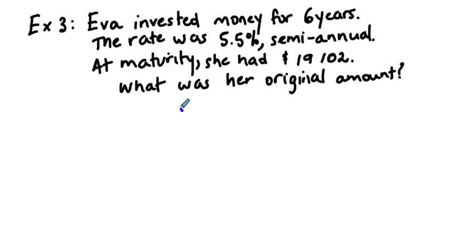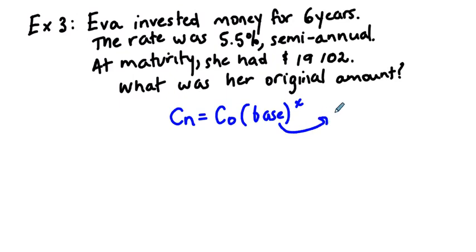Okay, so future, original, CI, CO. I'm doing this on purpose. It's fine. Base, time, unknown. The base is 100% plus 5.5% divided by 100, 1.055. Okay, we're going to fill in our values.